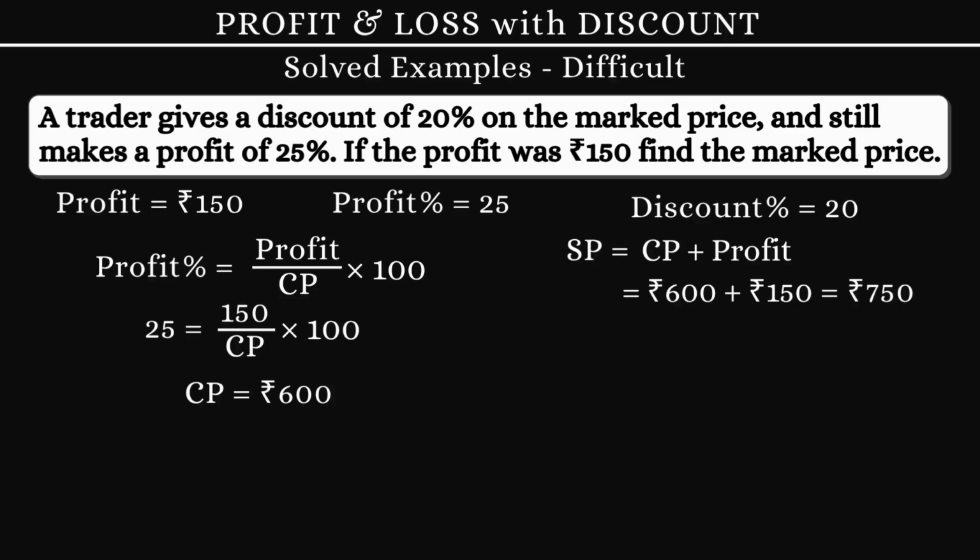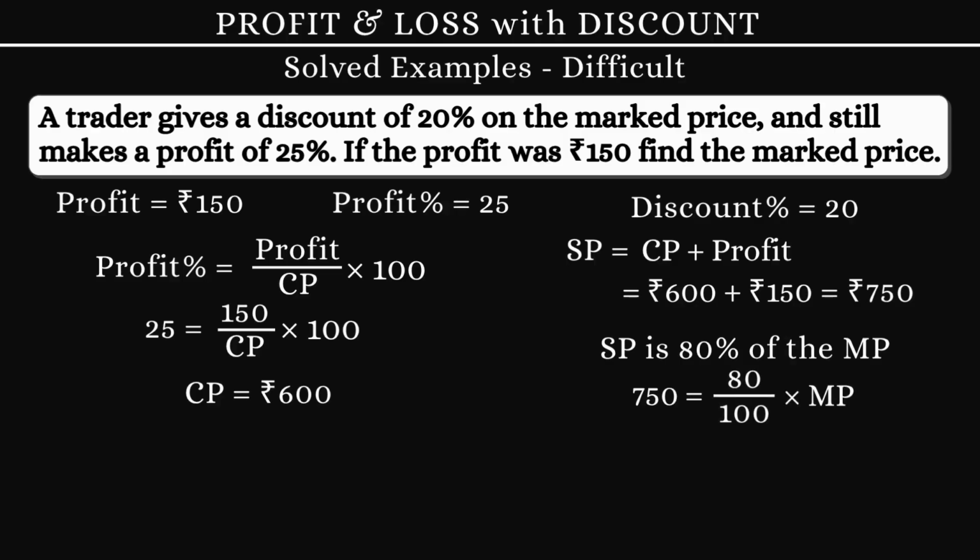So the selling price has to be 80% of the marked price. So we can say 750 is equal to 80 by 100 into the marked price. From here, marked price is equal to 100 into 750 divided by 80, which gives us rupees 937.5.